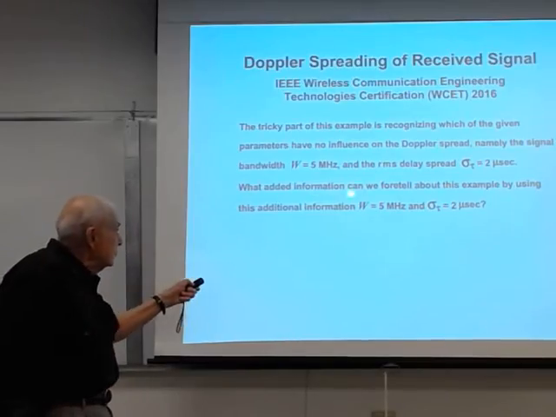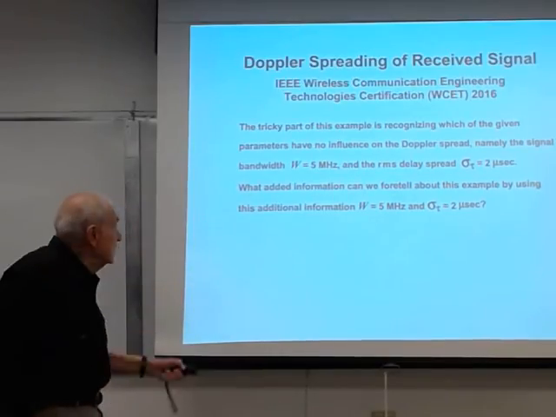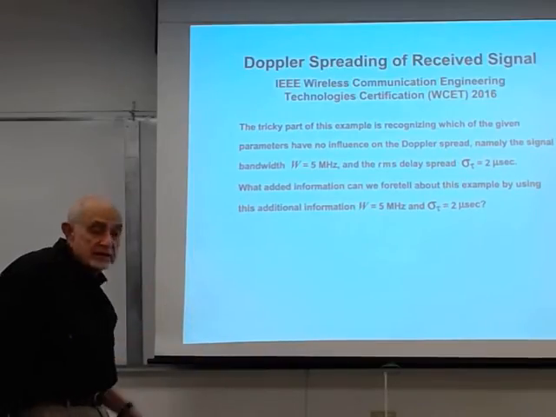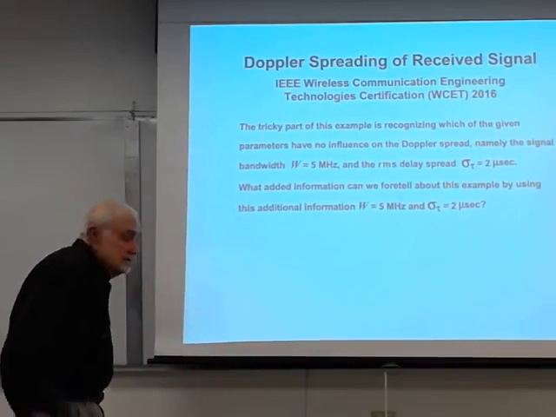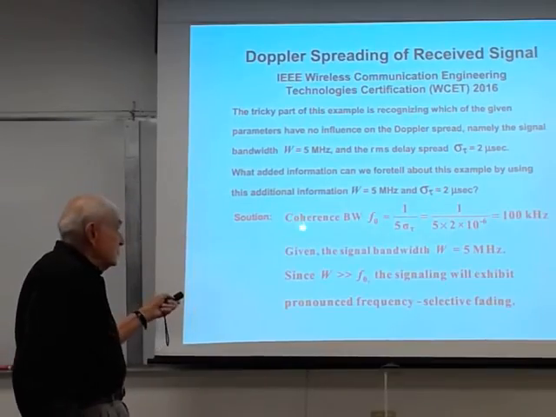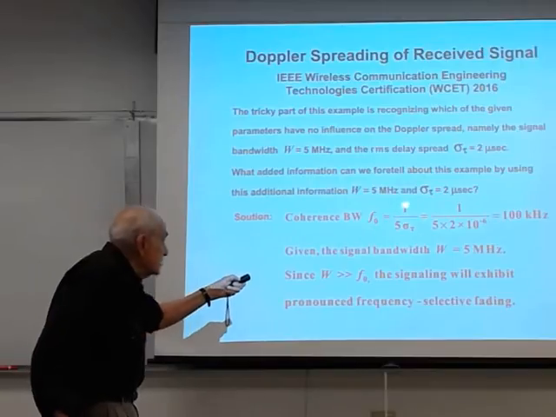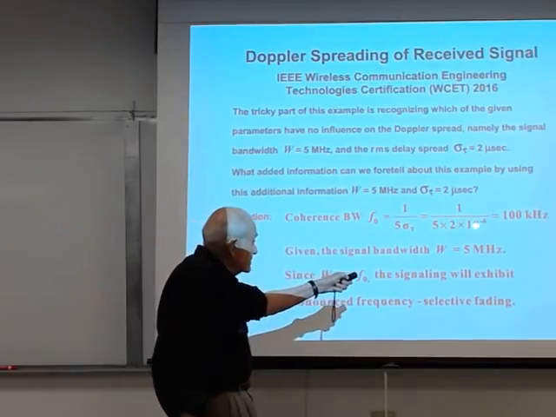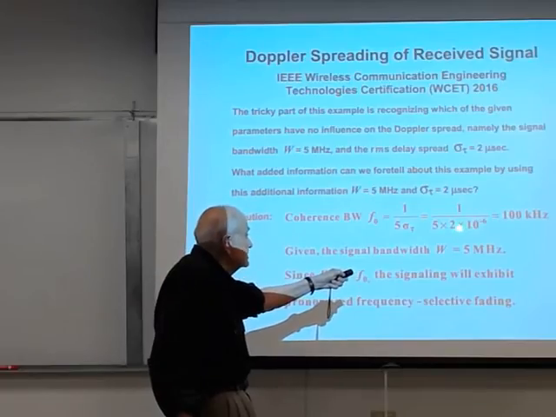But what added information can we foretell about this example by using the additional information? The bandwidth of the signal is 5 megahertz and the delay spread is 2 microseconds. And that is, you can tell the coherence bandwidth. Let's use Rappaport's approximation. Here is the sigma sub tau, the 2 microseconds.